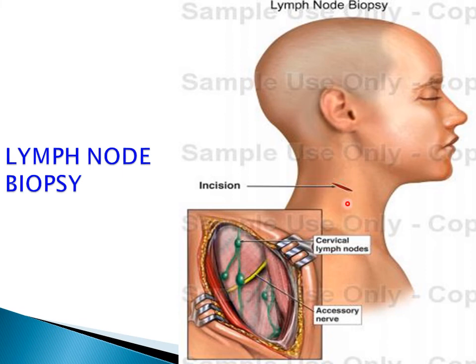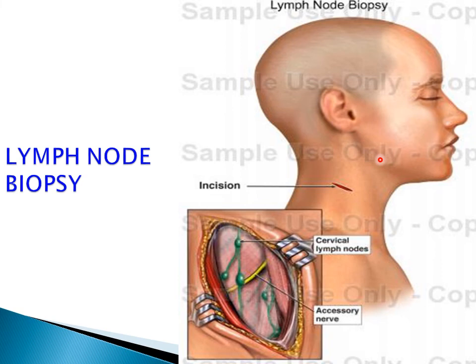Similarly, the submandibular gland is located here. Sometimes we need to take a biopsy from the submandibular gland. In that case, when we put an incision, we should be careful not to injure the mandibular branch of the facial nerve. We know that the facial nerve gives its 5 branches here, of which the mandibular branch comes like this.